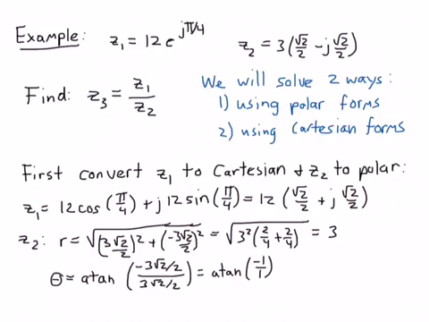And we know that the angle that has the arctan equal to, or the tangent equal to minus 1 over 1 is minus pi over 4. That is in the fourth quadrant. So we can rewrite z2 as 3e to the minus j pi over 4. So now we've converted both z1 and z2 into their respective Cartesian and polar forms.